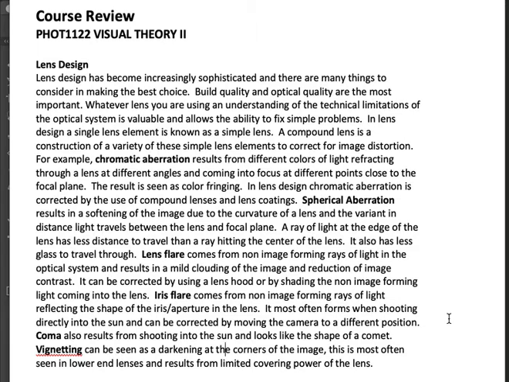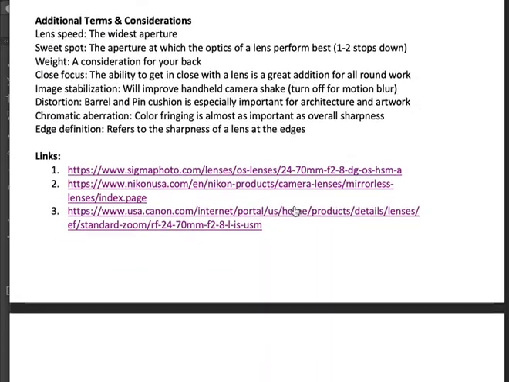The edges of that circle are where we see a little bit of vignetting on a lower end lens. That is to say, it gets a little darker at the edges, but we're also going to see the limits of the optical power of the lens at the edges as well. And so edge definition would be the term thinking about how sharp an image is at the edge of an image as well. So a list of additional terms that you have here.